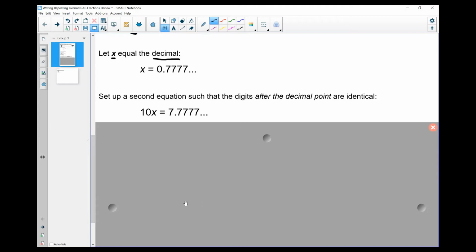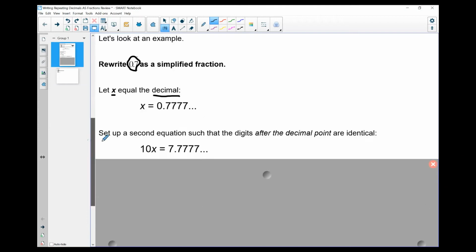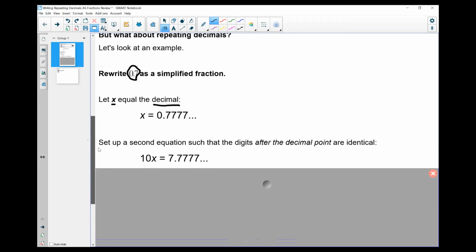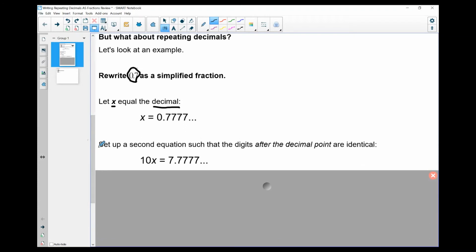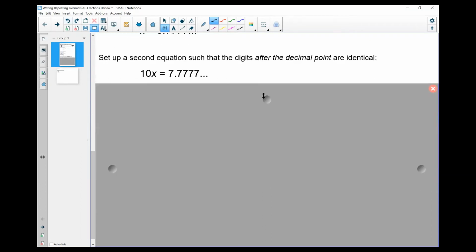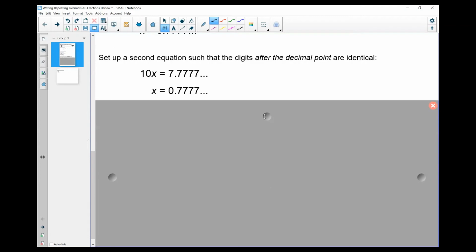Well, in this case, it will be 10. That's my bad. So you would do this here for just this problem.